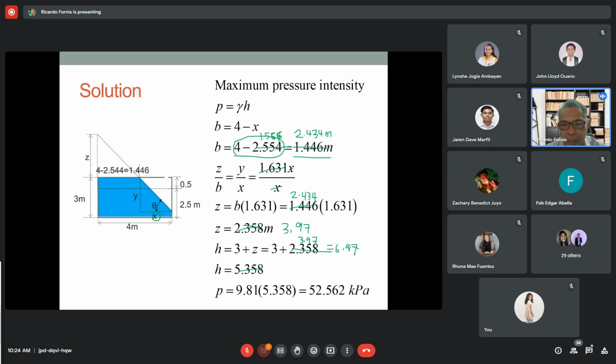So the value H will now become 6.97. You just change this to 6.97, and this one will also change. Times 9.81, that gives us 68.4 or 37.